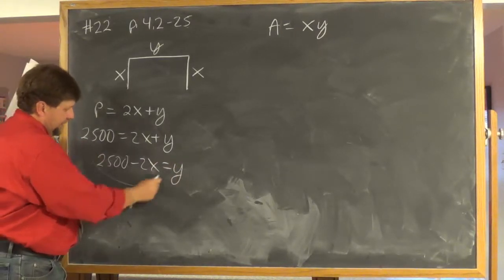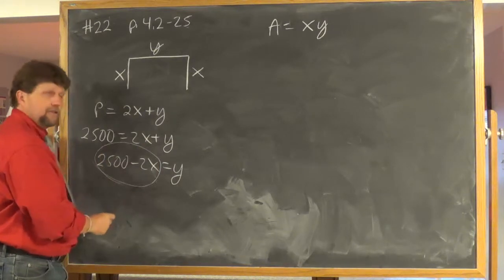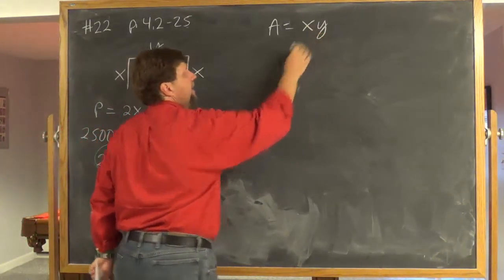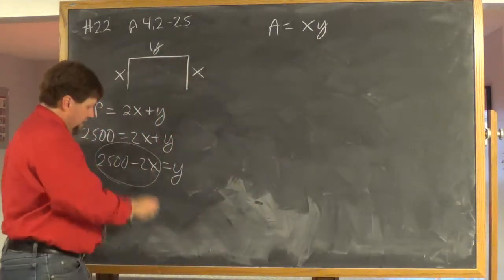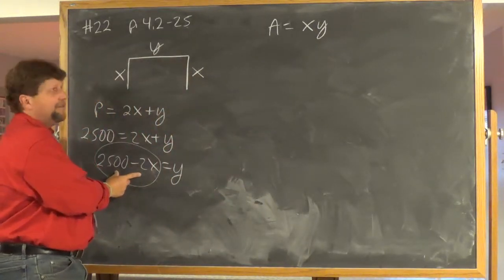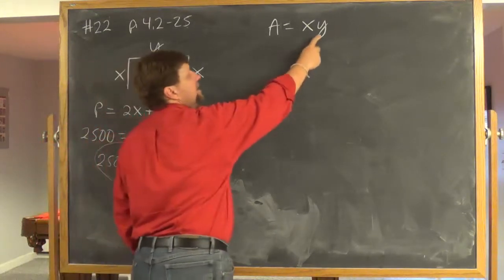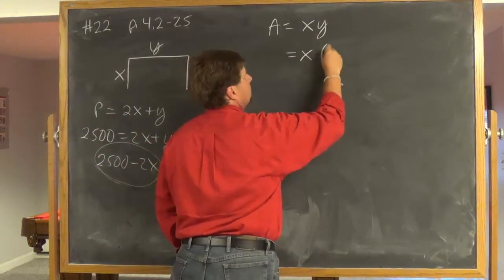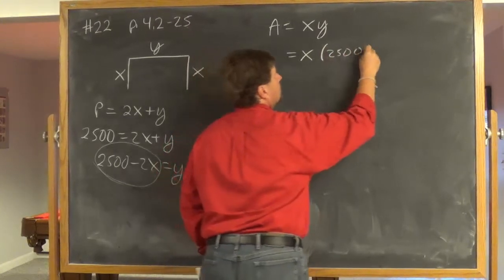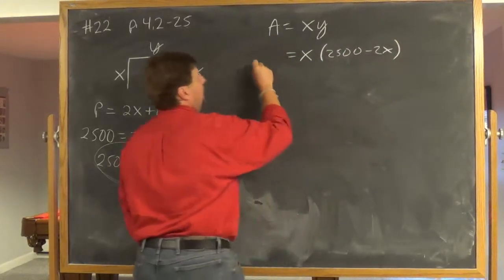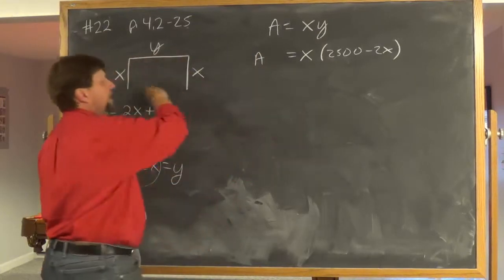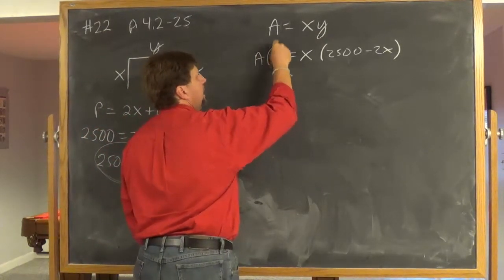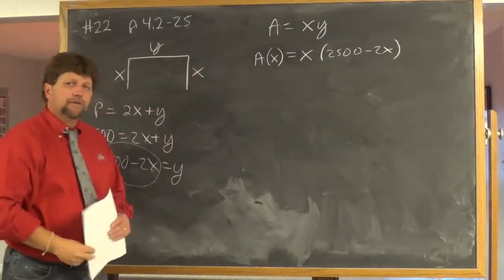I can now take this 2500 minus 2x and toss it right back into my area equation for y. So I'm going to take this 2500 minus 2x and toss it in here for y. And I now have the area of this parking lot written as simply a function of one variable.